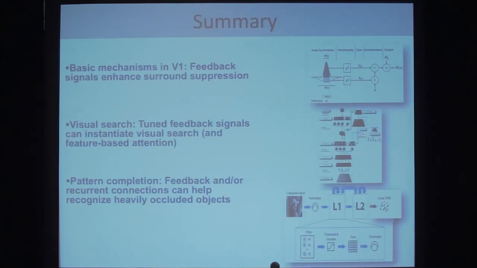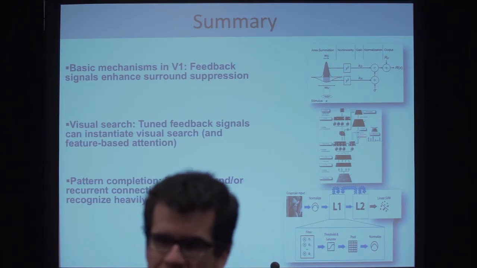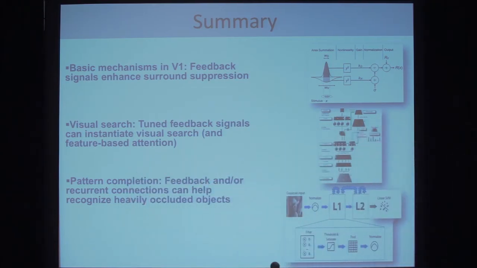I just want to summarize the three main points that I wanted to make. Here are three examples about ways in which we can try to read out biological codes and translate those biological codes into computational codes. The first one had to do with the very simple basic computations in primary visual cortex, the sort of ideas that have inspired generations of deep hierarchical architectures, and we have taken initial steps to understand how feedback can help and act in primary visual cortex.